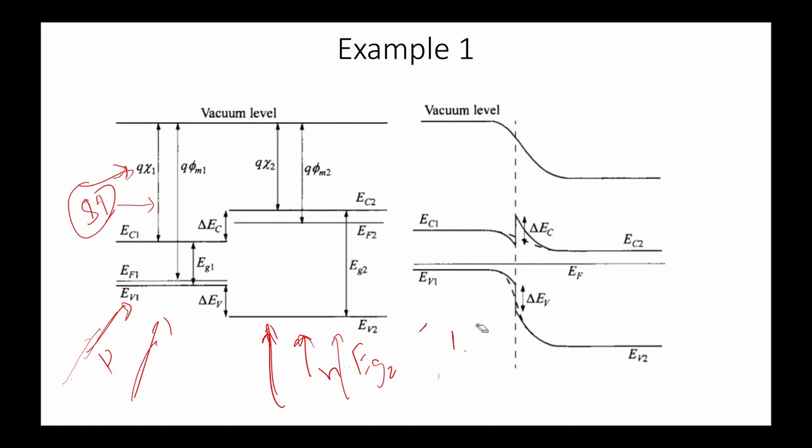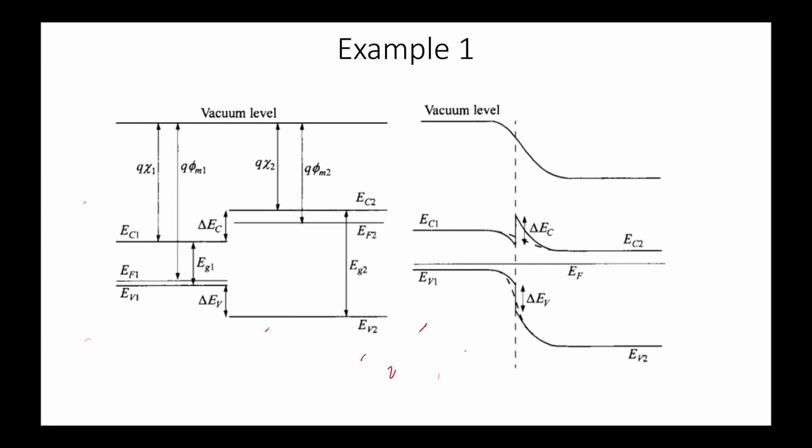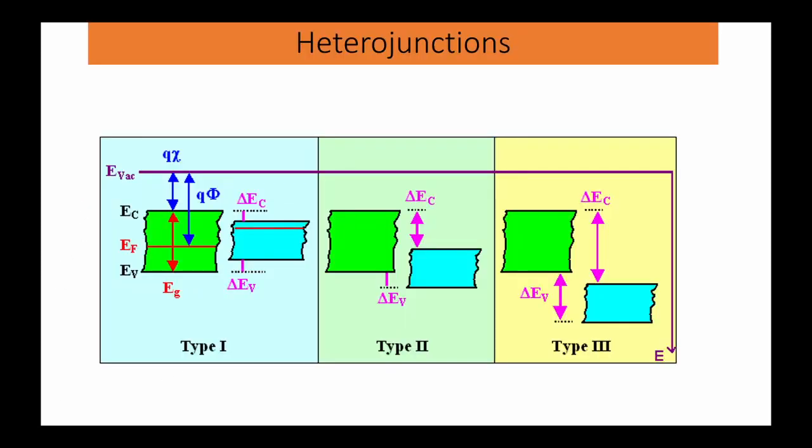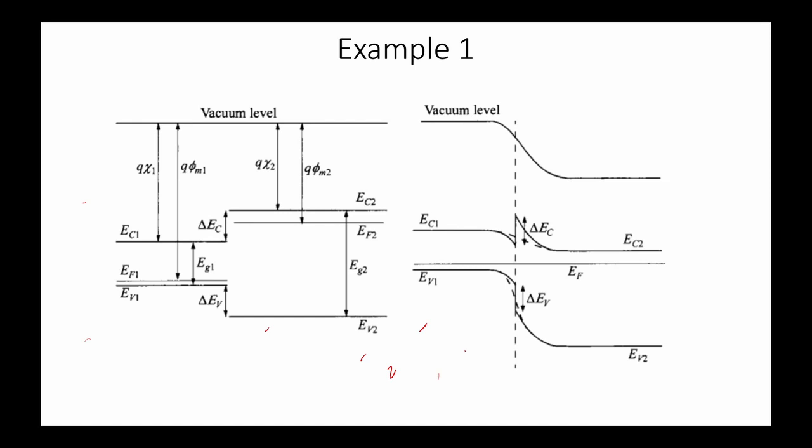So this will form a type 1 heterojunction. As we have seen, if the conduction band and valence band of one semiconductor lie in between the conduction band and valence band of the other semiconductor, this is a type 1 kind of heterojunction.